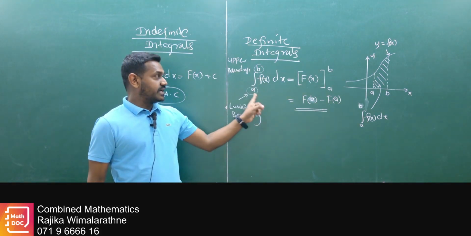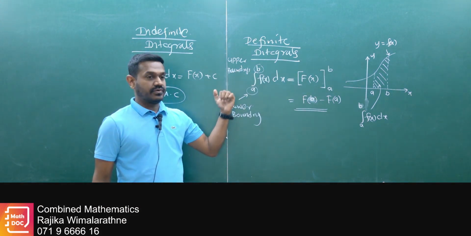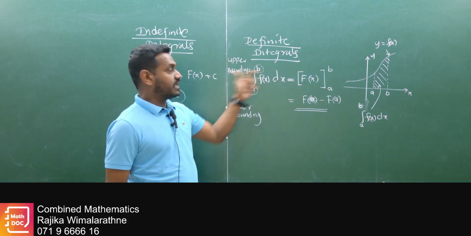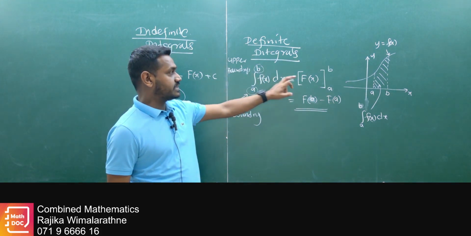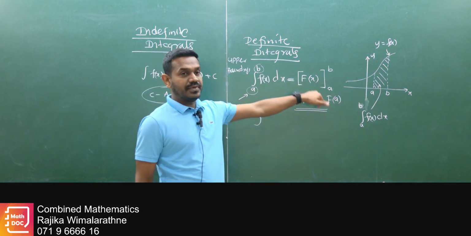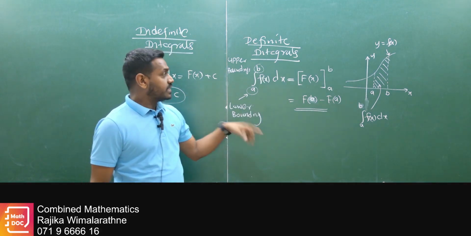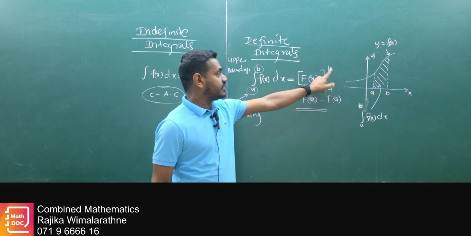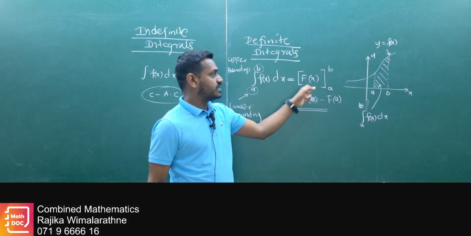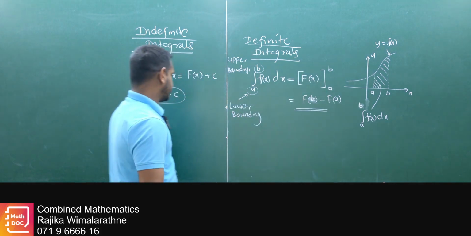So the definite integral has a limit, lower limit and upper limit, or lower boundary and upper boundary. And here the same result we obtain, integral of f(x) dx, the result capital F(x). Here we don't use arbitrary constant c, but there we need to use arbitrary constant. Finally, substitute the upper limit, then the lower limit, and subtract. That's how we do it.